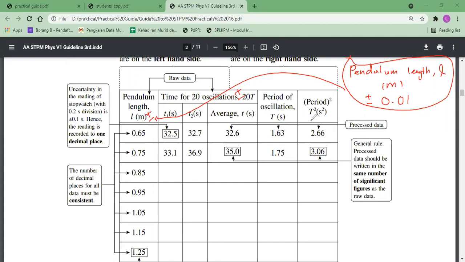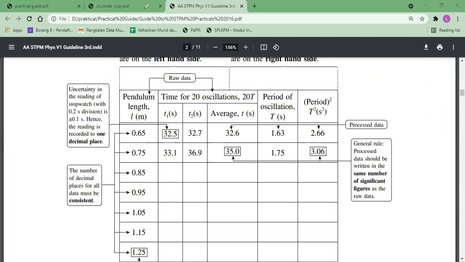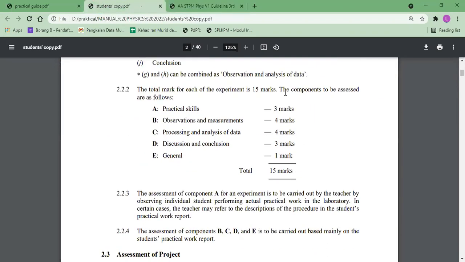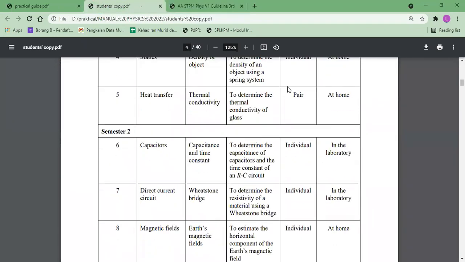So now another thing. Get it? Now another thing I want you all to remember. This is the student copy.